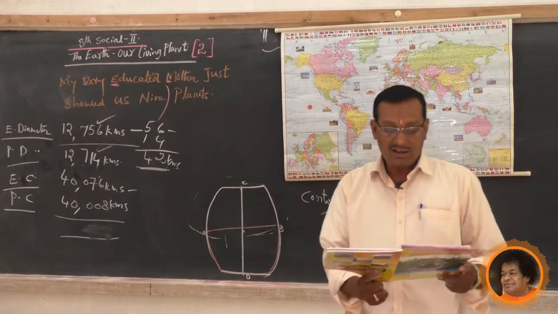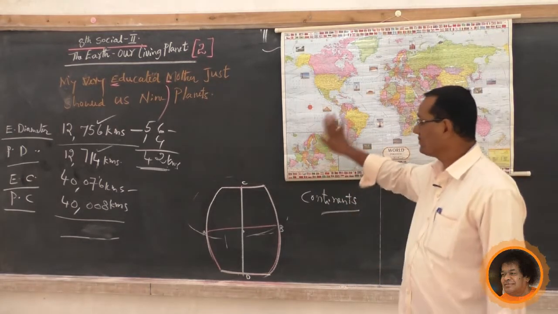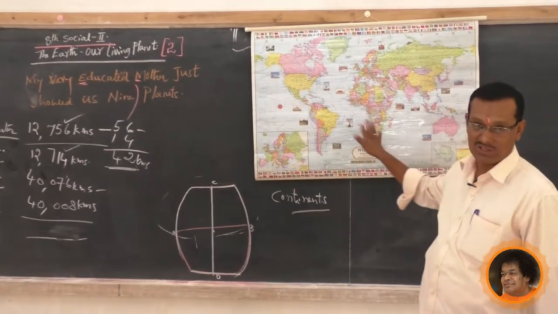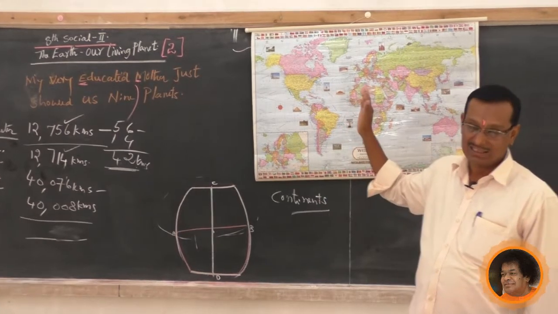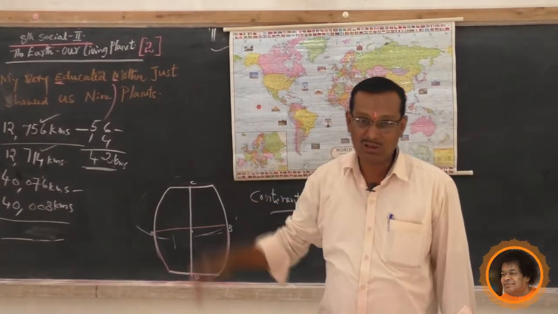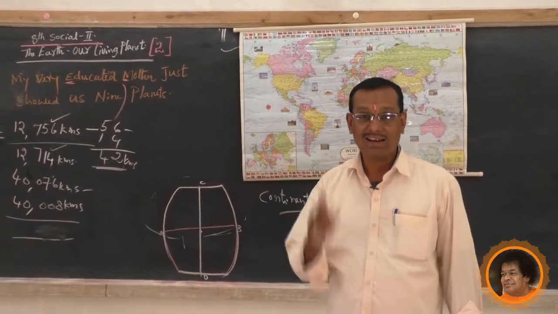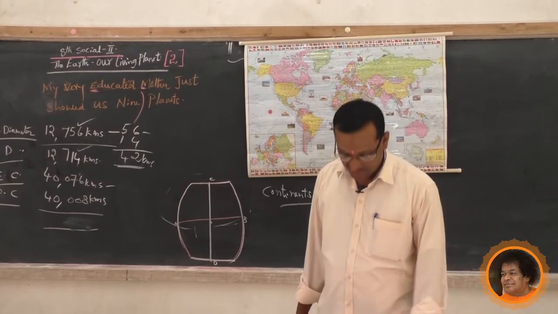These continents are large land masses or land pieces. In this earth, how many continents are there? There are 7 continents.